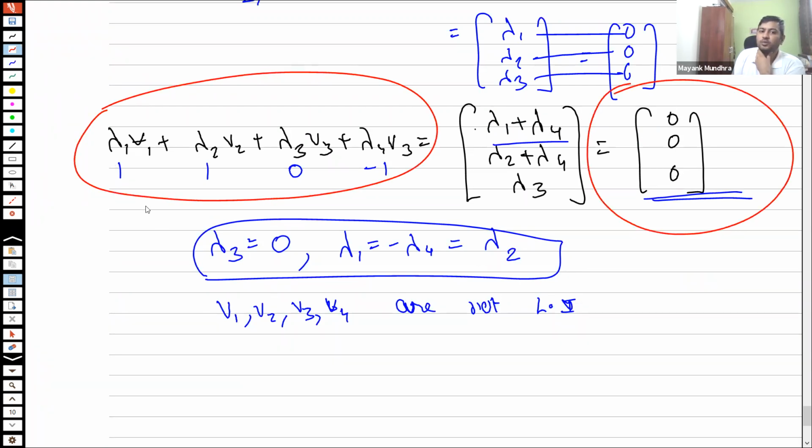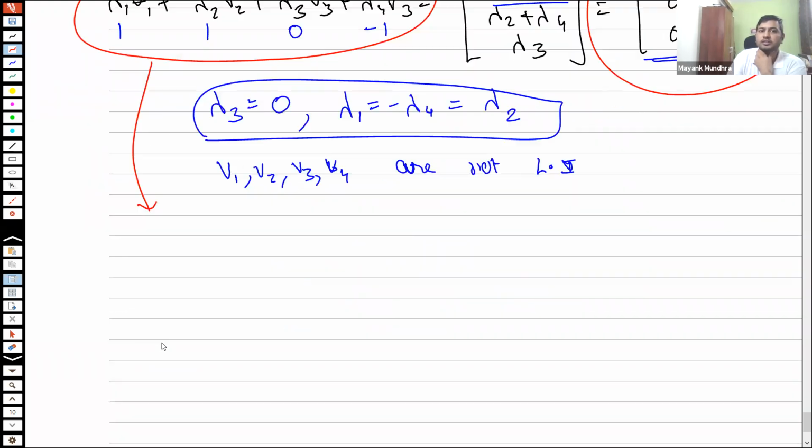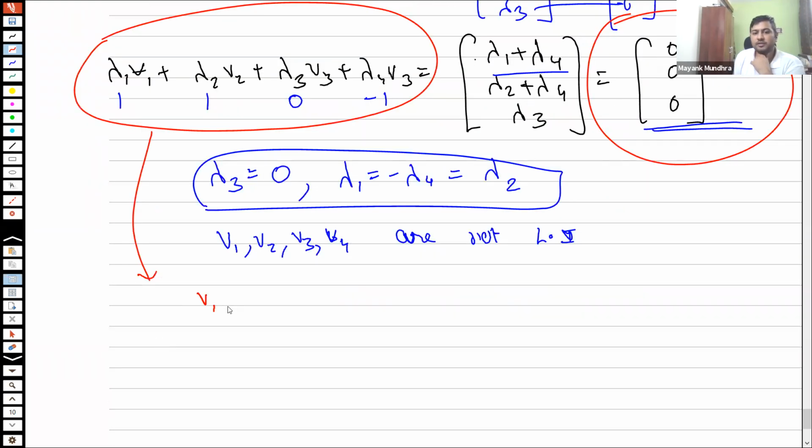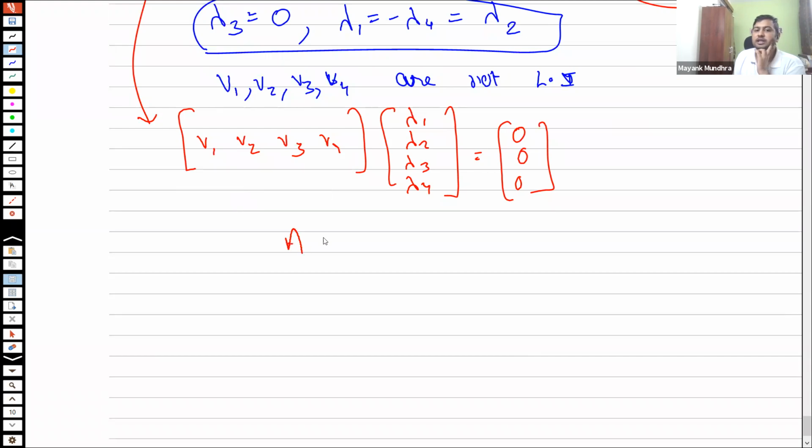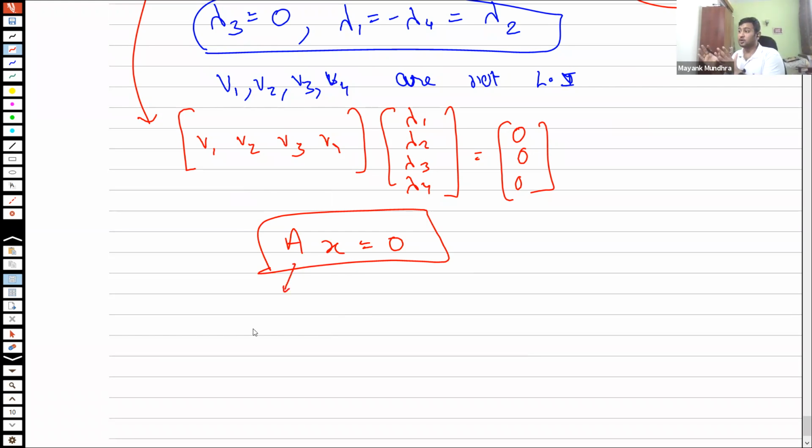Now focus on this equation. This same thing can be written as the matrix with columns v1, v2, v3, v4 times lambda 1, lambda 2, lambda 3, lambda 4 equals 0, 0, 0, which is basically the Ax equals 0 format, where A is formed by taking the vectors v1 to vn as column vectors.